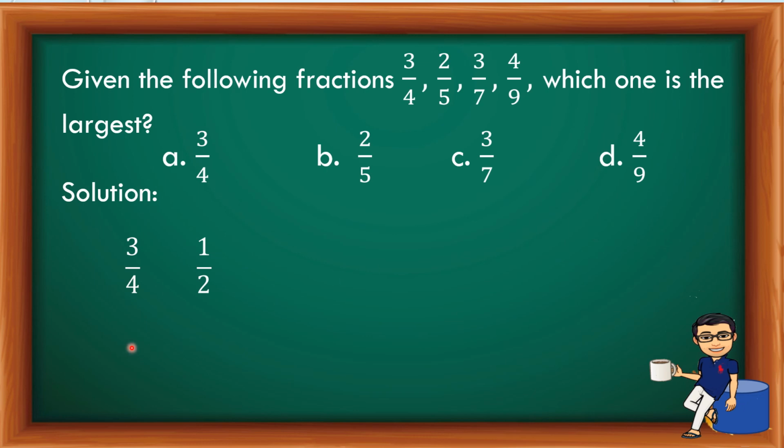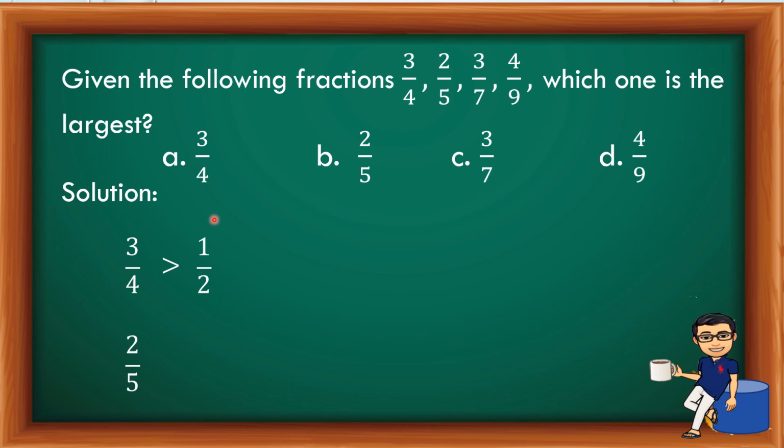To determine which is the largest, we will apply cross multiplication. 3 times 2, that will be 6. So it will be here on this side, 6. Then 1 times 4 is 4. So 6 is greater than 4. Therefore, 3/4 is greater than 1/2. That is for letter A.